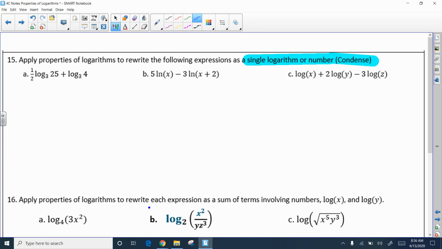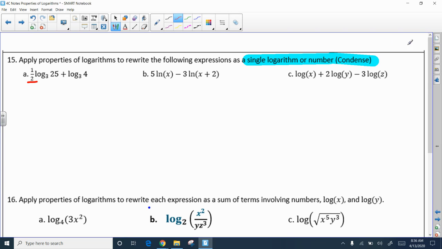Okay, so when we're condensing, we're using our properties of logarithms. I do see a plus sign in between here, so I am going to need to put these two together as one logarithm. However, before I can do that, I have to do something with this half in the front. So that's using the third property of logarithms.